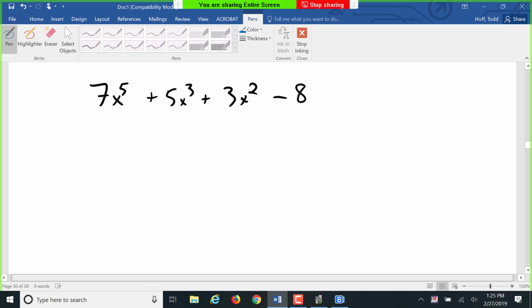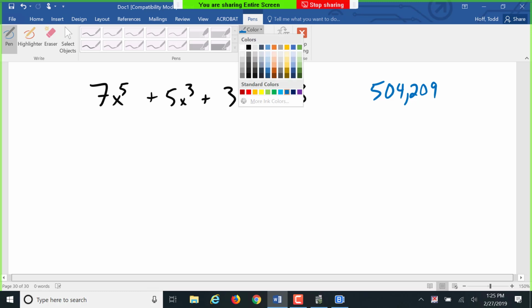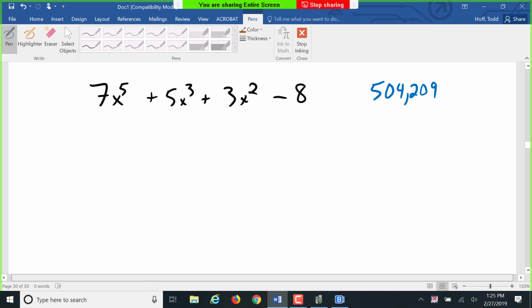When we deal with whole numbers, every power, every degree is accounted for. We might have 504,209. If I were writing that out in expanded form, that would be 5 times 10 to the 5th. Do I need to put down that place? No, that's just a 0, right? We don't have to include it.